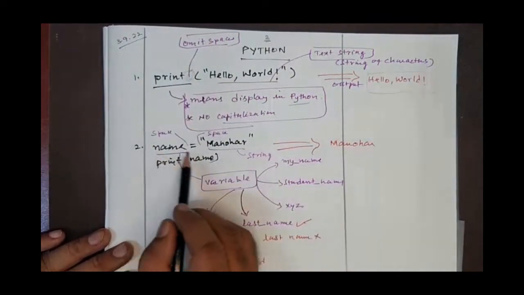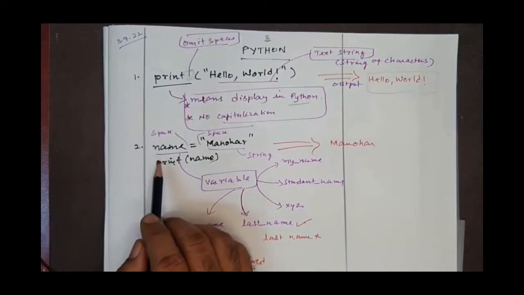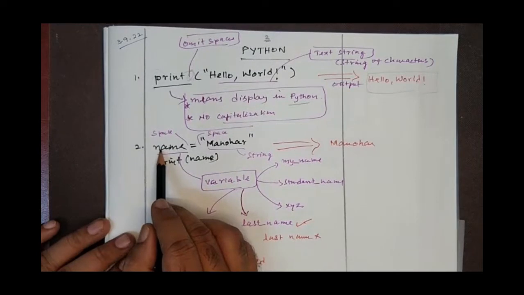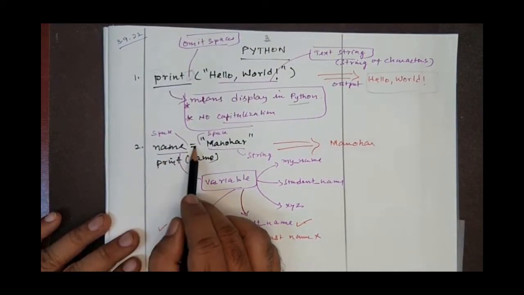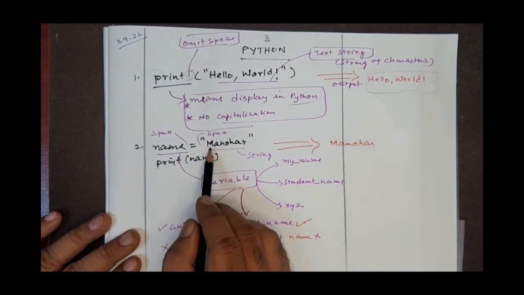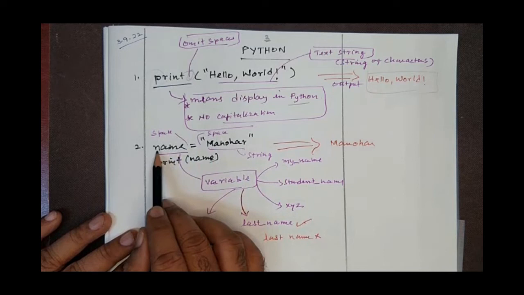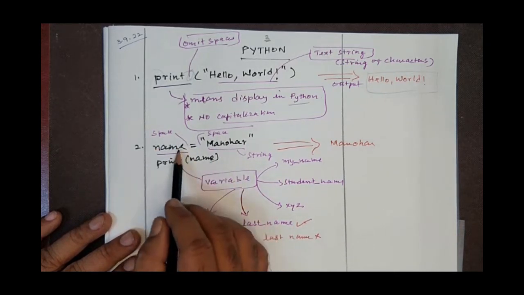And then second is variable. Variable means, for example, name is equal to, you can instruct the computer, name is equal to Manohar or Kala or Raghunan, etc. Since this value is a variable, it can be changed.